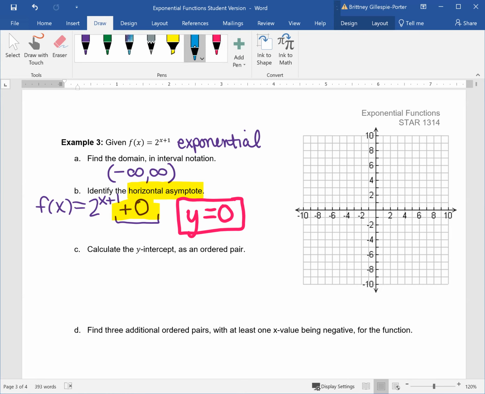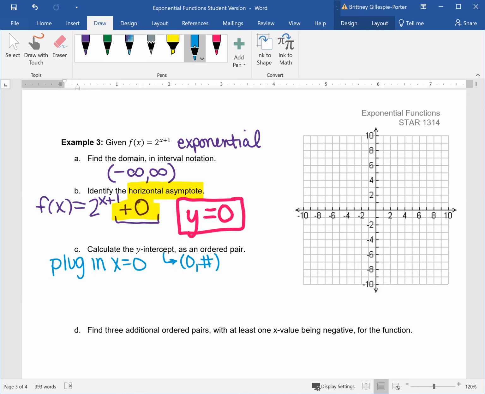To find your y-intercept, we need to plug in x equal to 0 because a y-intercept is always in the form 0, comma, some number, which is why we had 0, 1 in our previous two examples.